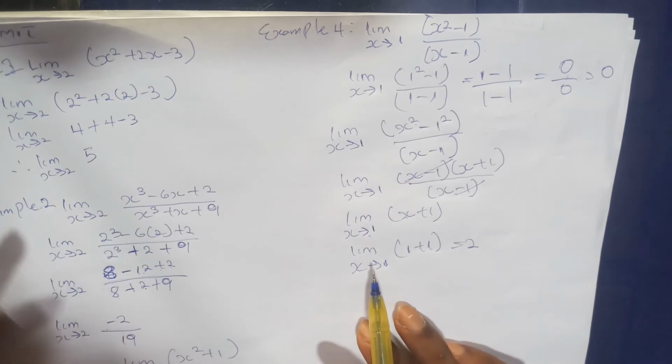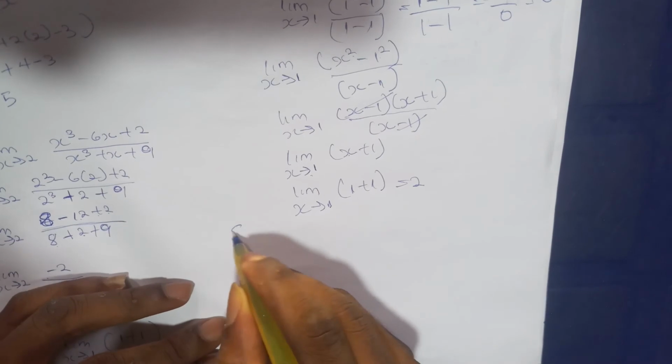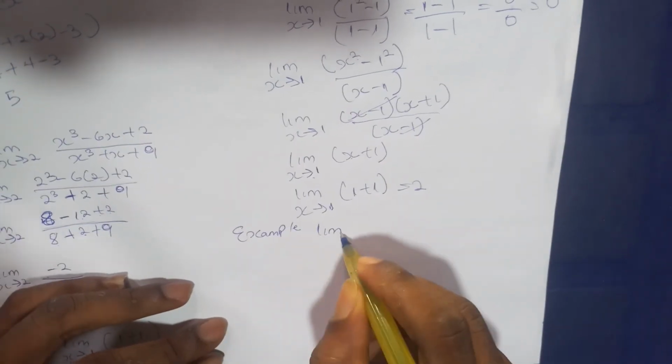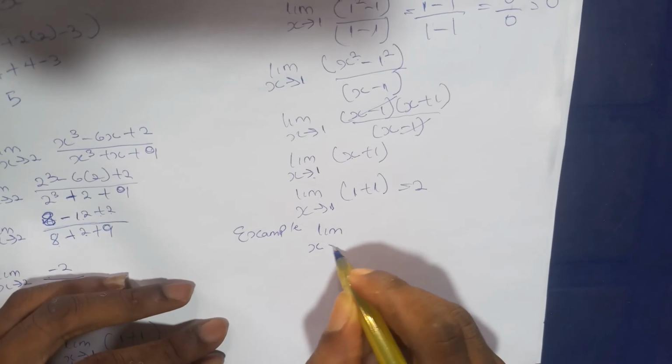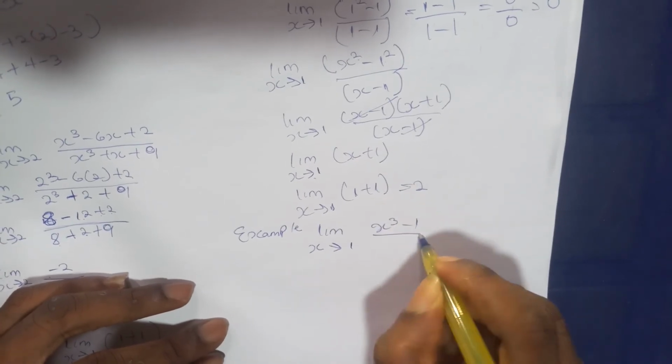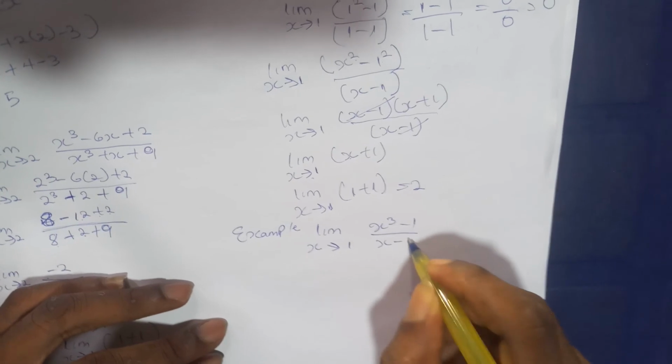Let's take the fifth example. Now maybe we will understand it with the fifth example. Example 5. Lim x approaches 1, x cubed minus 1 divided by x minus 1.